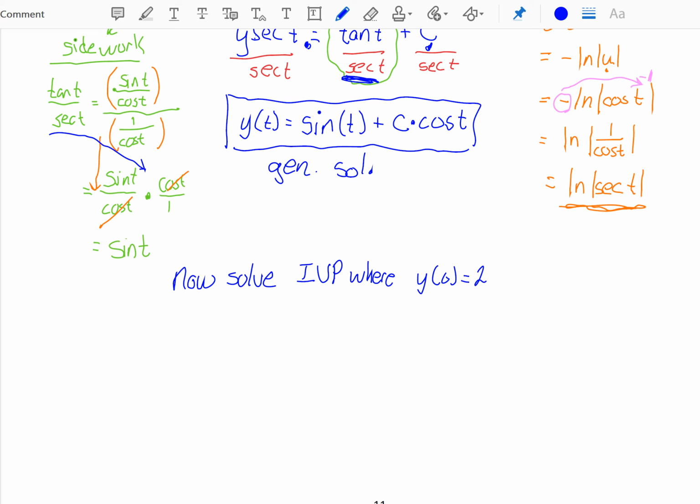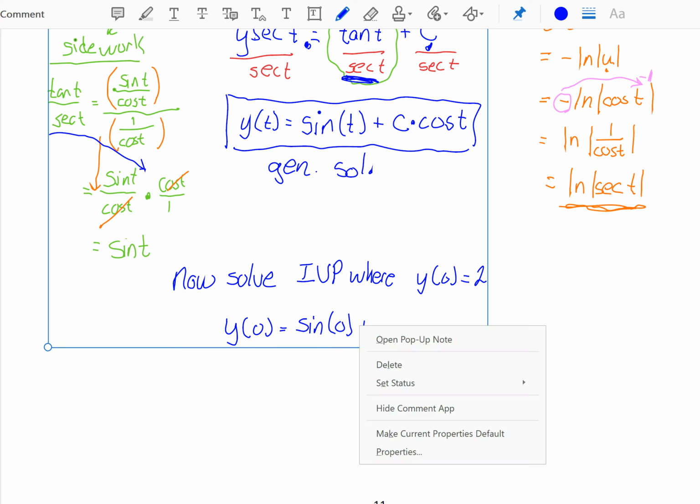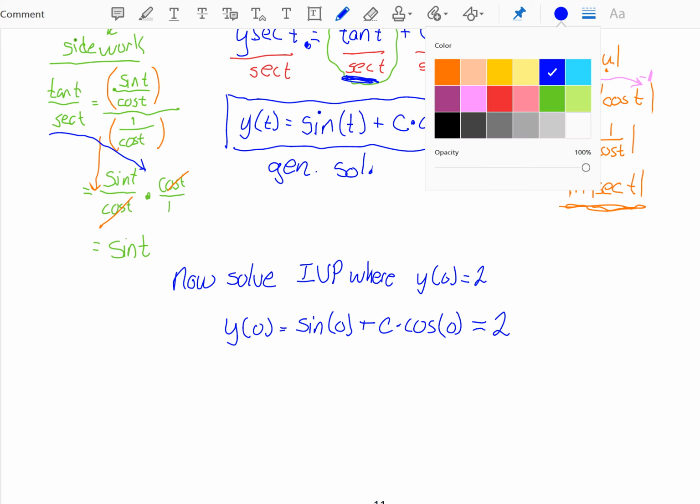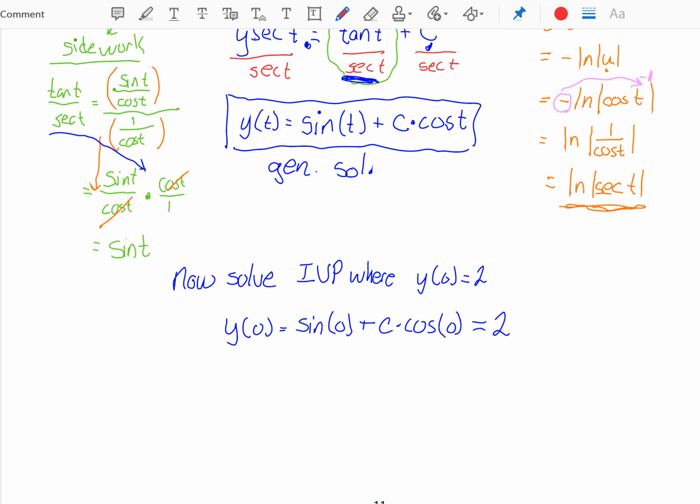So let's evaluate our general solution at 0, which is going to equal sine of 0 plus c times the cosine of 0. And this should all equal 2. Remember, the sine of 0 is 0, and the cosine of 0 is 1.